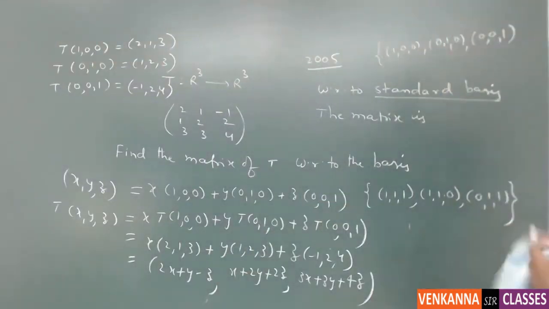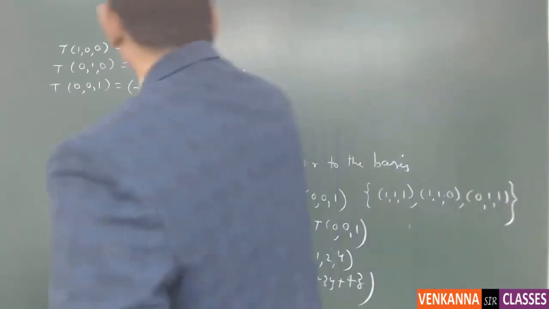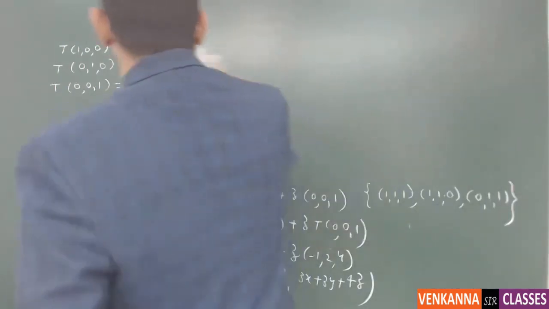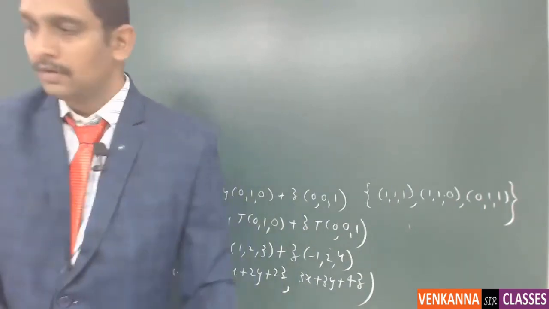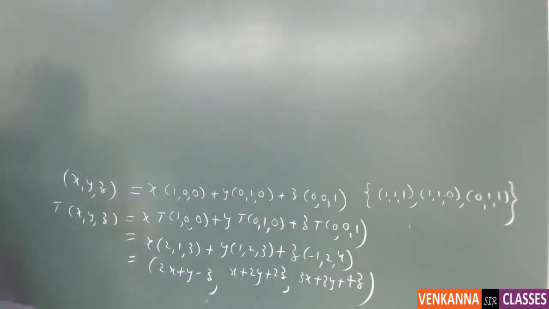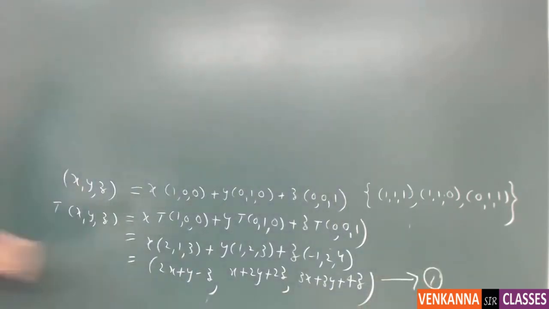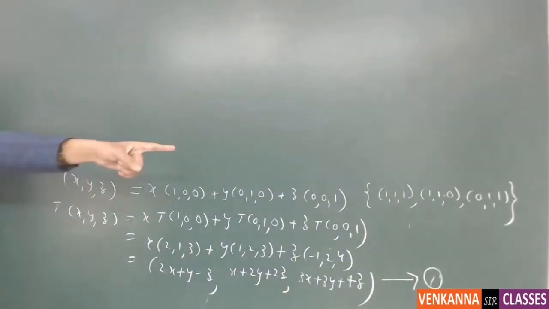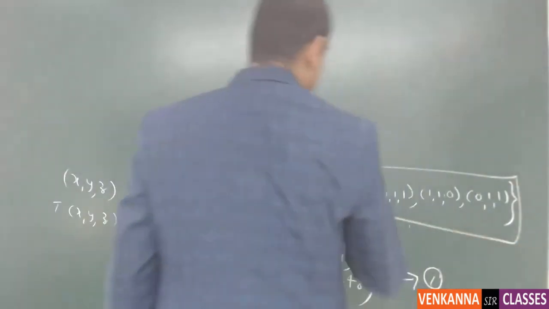So I am erasing this. Now this is my T. Now using this T condition for the given basis, I am applying T to get the images.